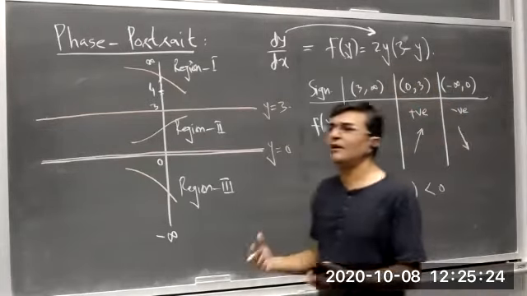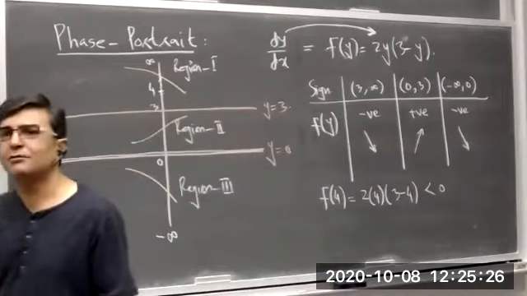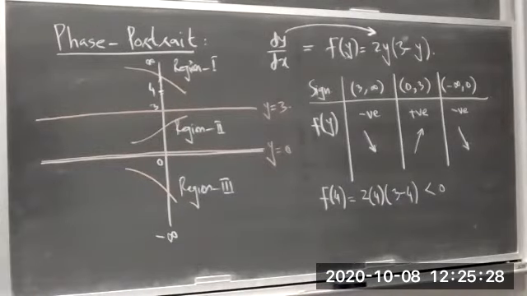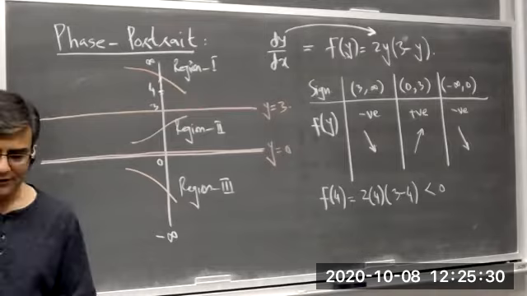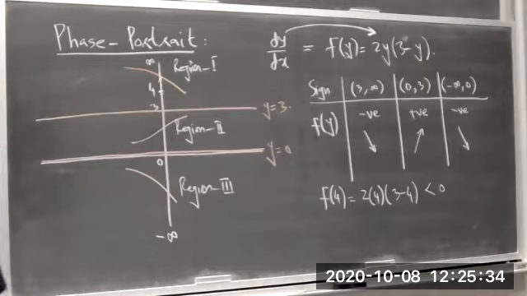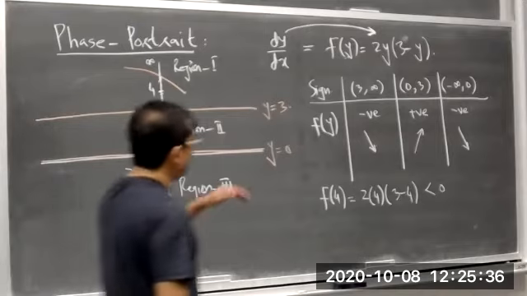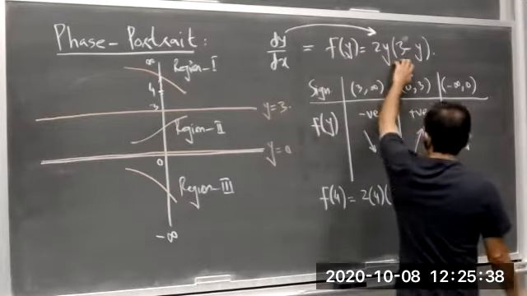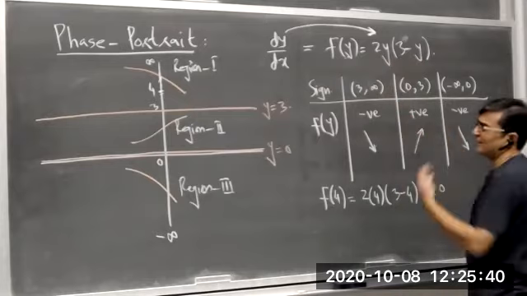What does it mean? कि तीनों रीजन्स में फंक्शन का साइन पॉजिटिव है. It means derivative पॉजिटिव है. अगर डेरिवेटिव पॉजिटिव है तो फंक्शन तीनों रीजन्स में इंक्रीजिंग ही होगा. ठीक है. So it depends on the nature of a function कि किस रीजन में उसका क्या साइन है.